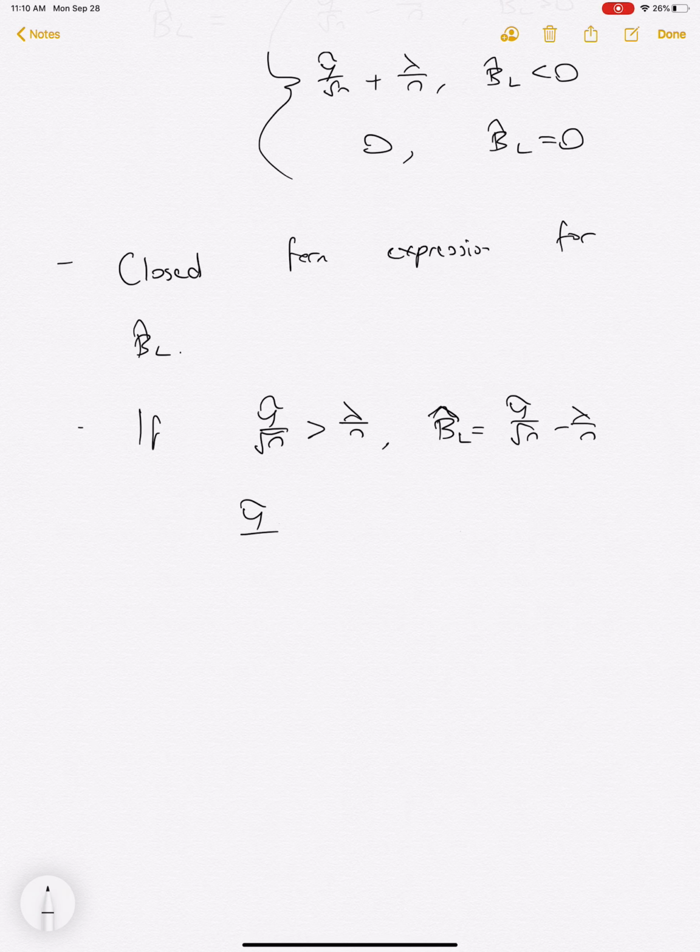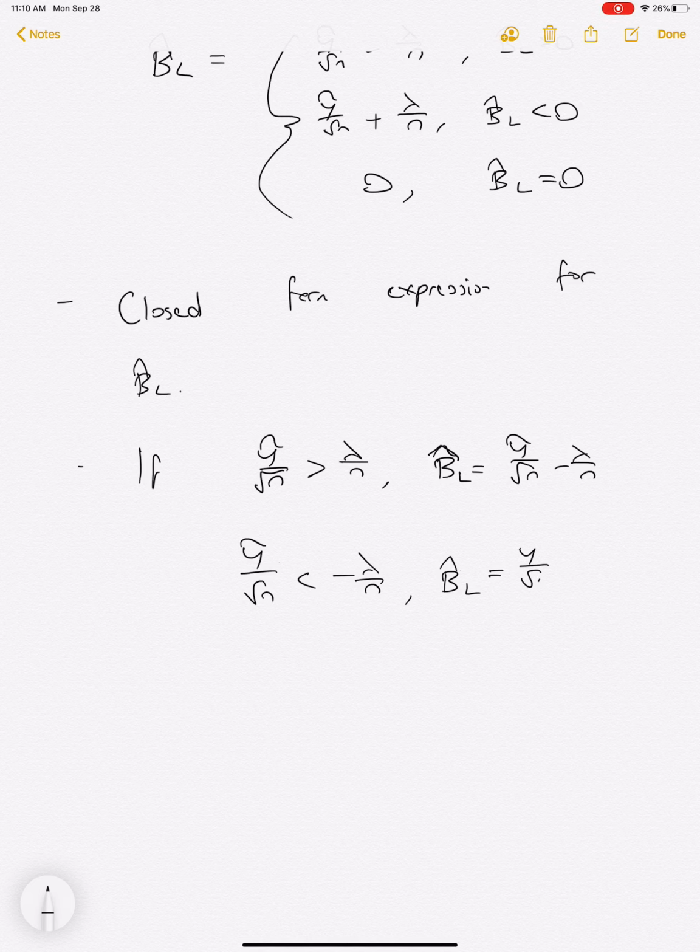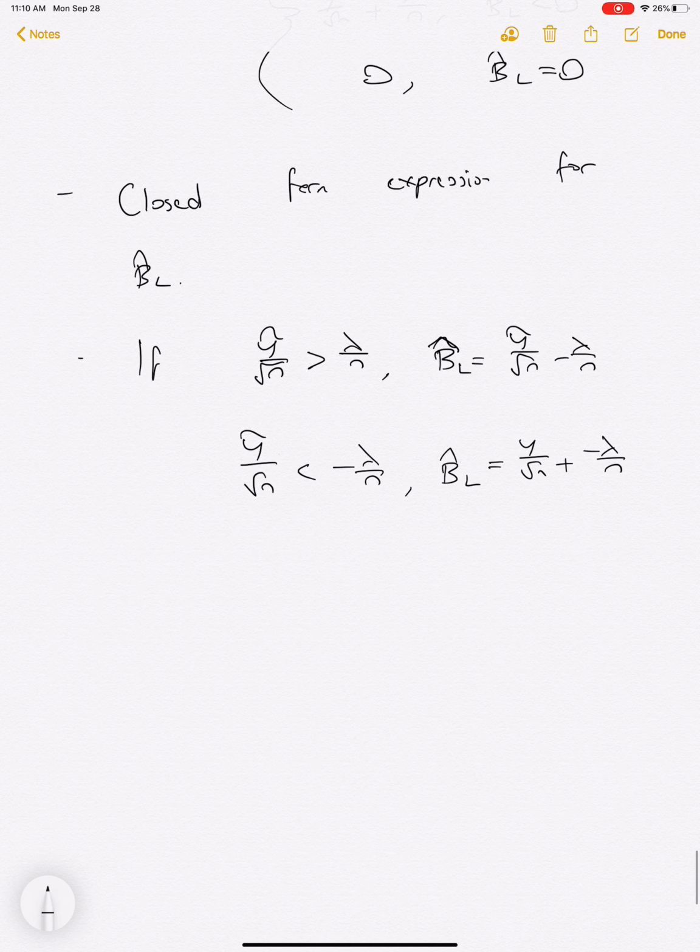If y tilde over square root of n is less than negative lambda over n, then b hat L is negative. And if y tilde over square root of n is between negative lambda over n and lambda over n, then beta hat L equals 0.